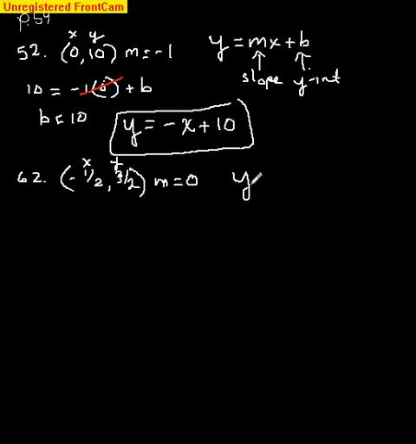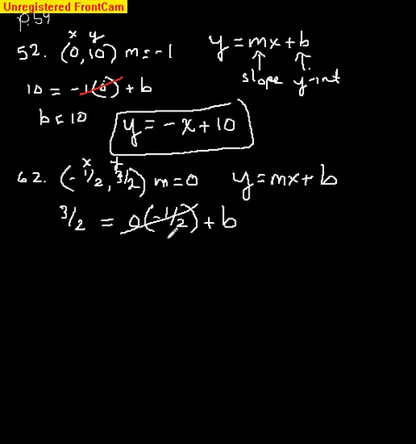You're using y equals mx plus b. So you would get 3/2 for your y equals m, which is 0, x is -1/2, right? And b we don't know, and here we go again, that's 0, so you get your y-intercept is just 3/2.